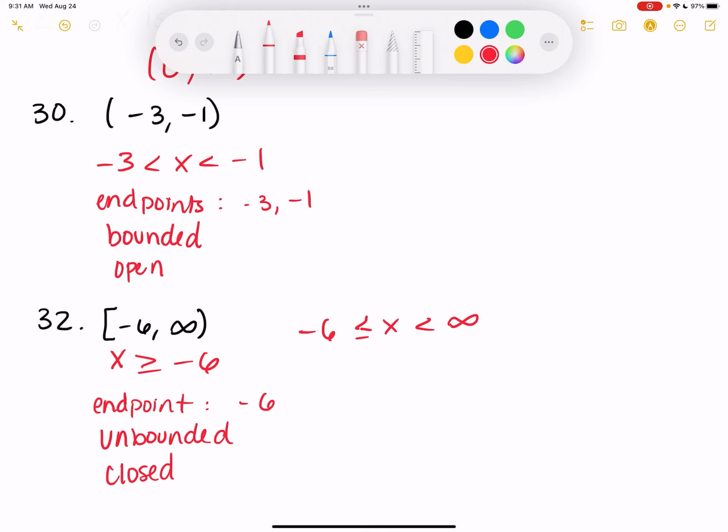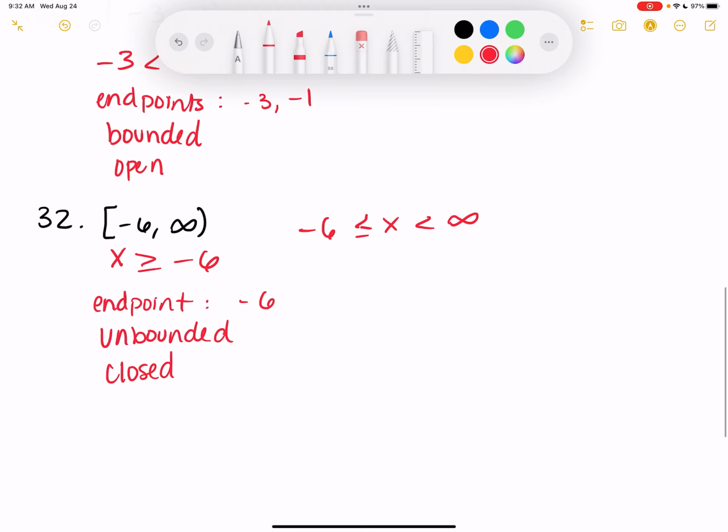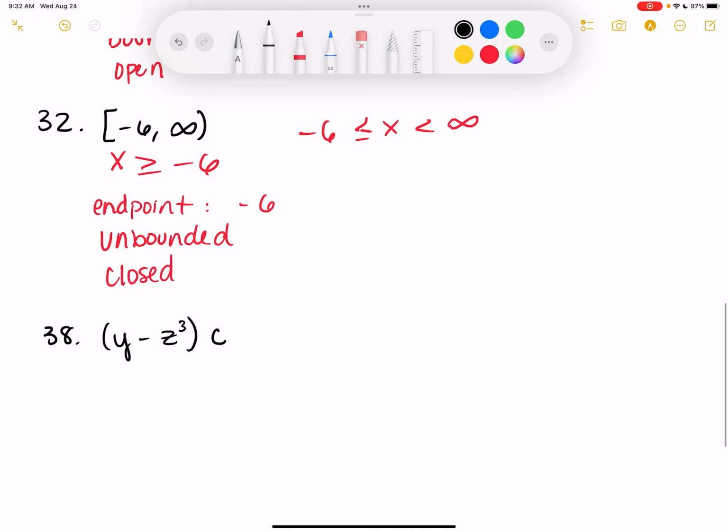All right. Use the distributive property to write the factored form or the expanded form of the given expression. (y minus z cubed) times c. Sure. Distribute. Be the rainbow.